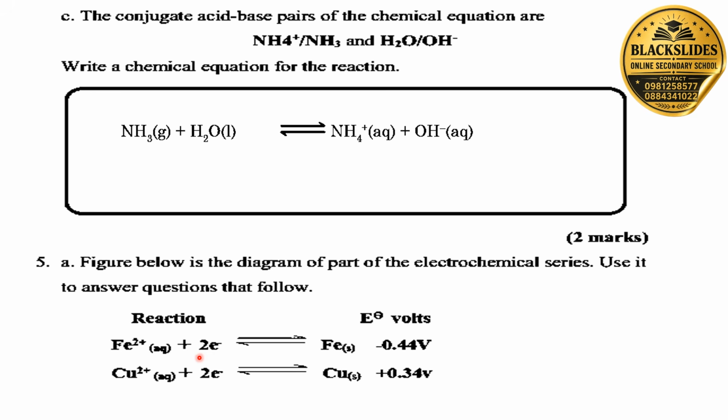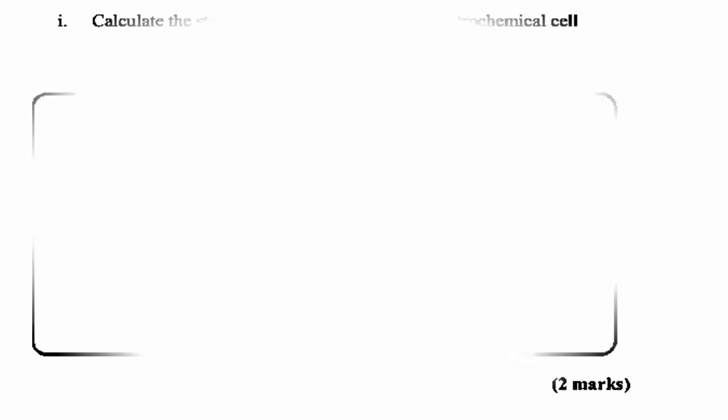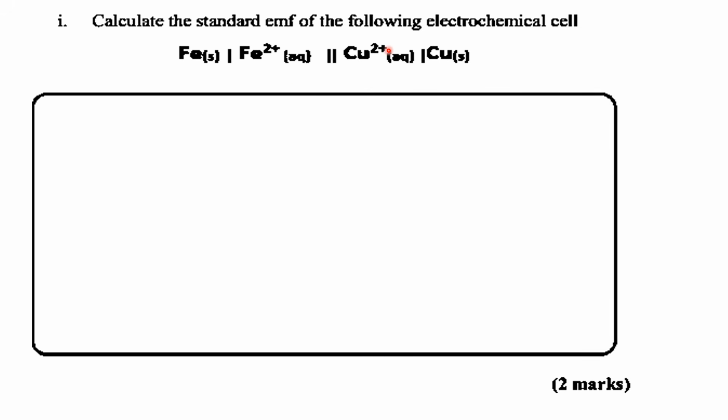So this is just taken from the electrochemical series, and we are taught to use these values to calculate the standard EMF of the cell, this cell here. The left-hand side, this is called a salt bridge. The left-hand side of the cell shows oxidation.